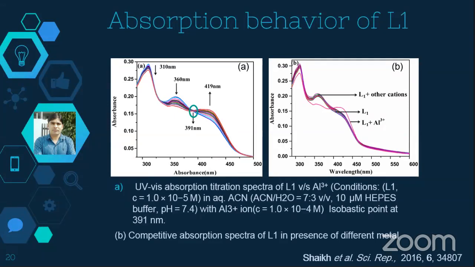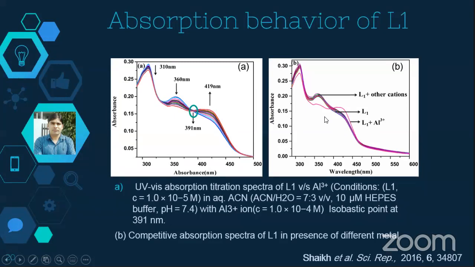Then we thought to see competitive studies, whether it is specific to aluminum ion or whether it can sense any other metal ion as well. So we took our ligand and started adding other metal ions. You can see that with other metal ions no change was observed.